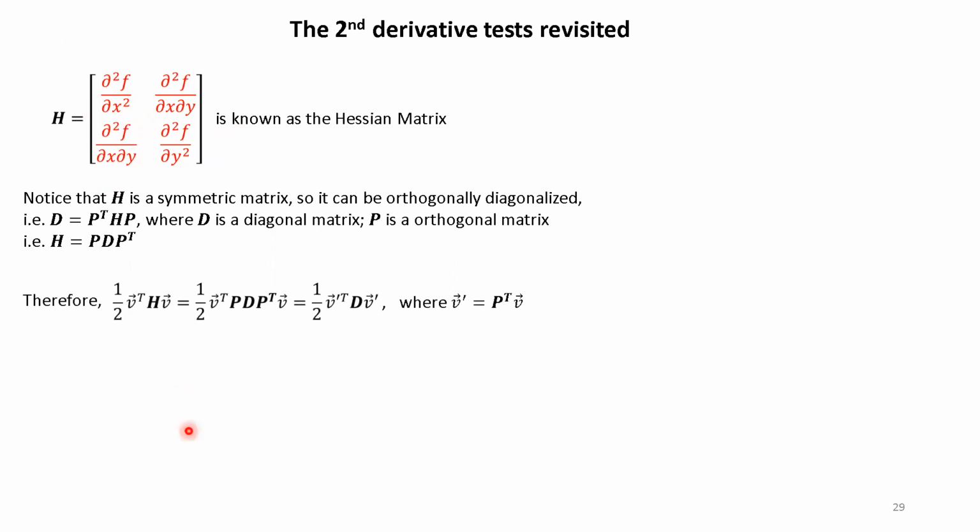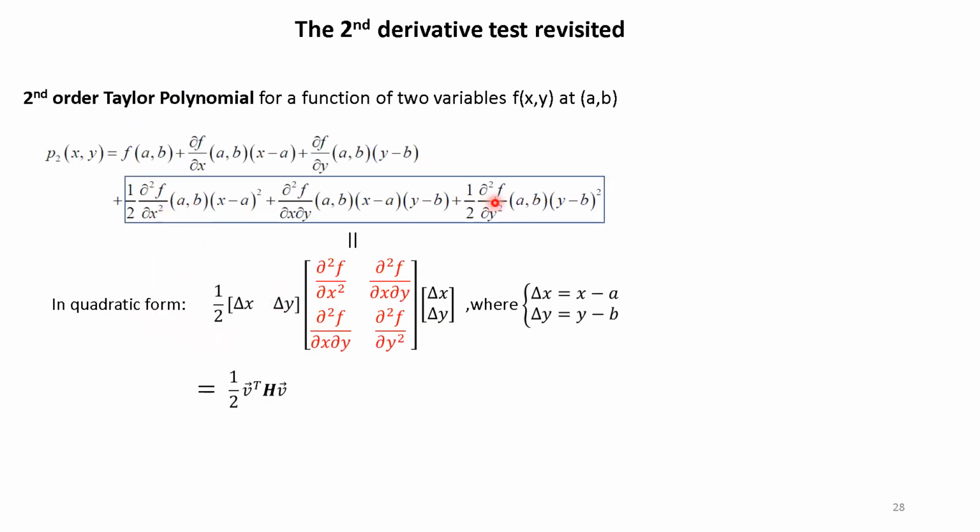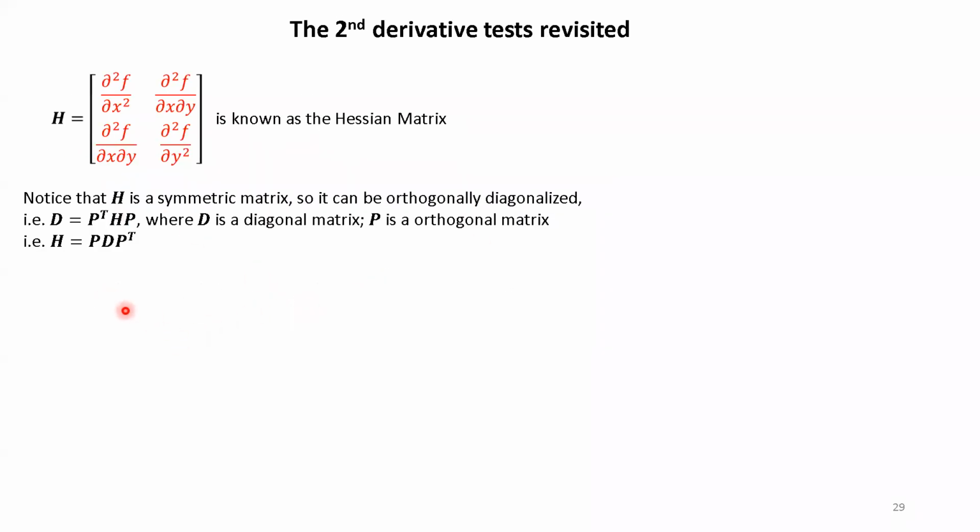Therefore, this whole term over here can be written like this. And this P transpose V basically represents a coordinate transformation.